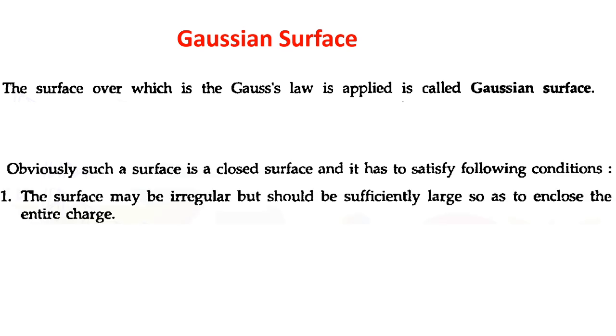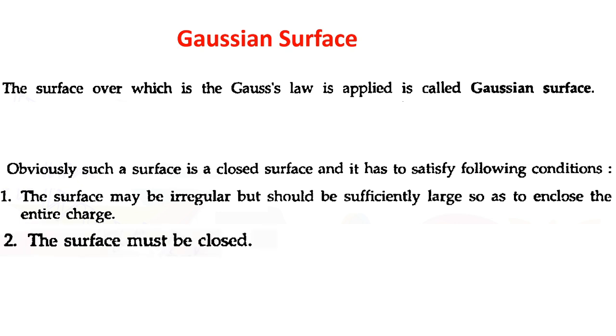The first condition is that the surface may be irregular but should be sufficiently large so as to enclose the entire charge. So the surface may be of any shape, regular or irregular, but it must enclose all the charges.